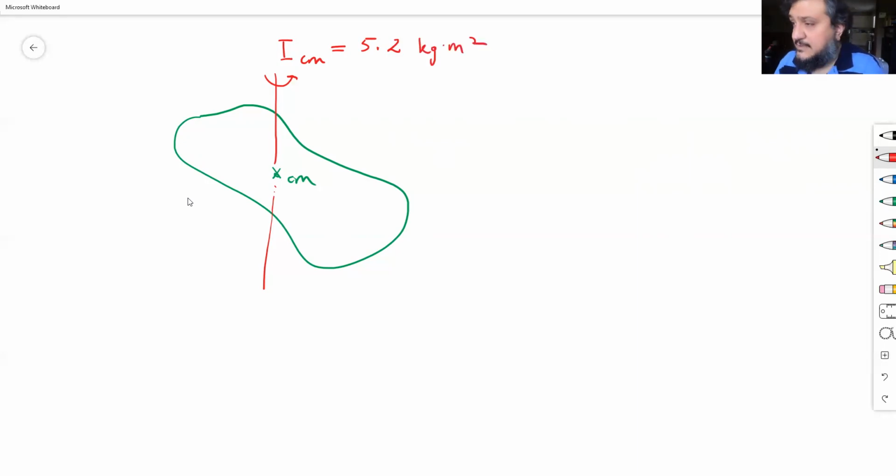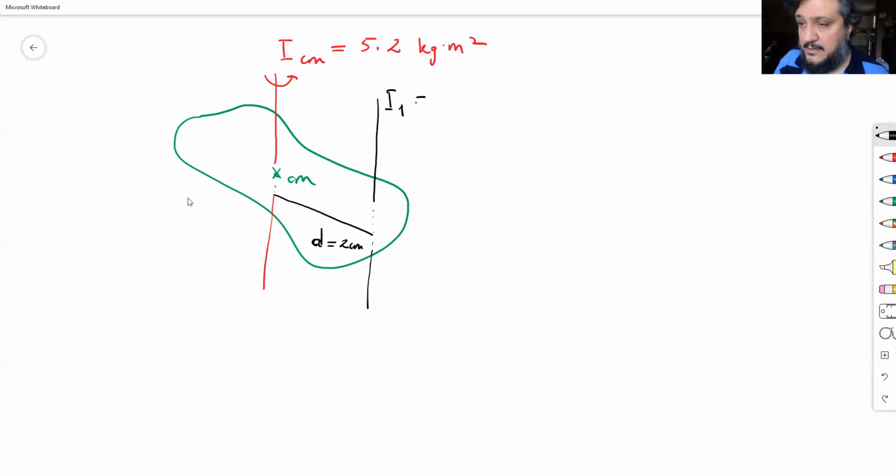You want to find the moment of inertia with respect to this axis that goes through a different point here. And all you know is the distance between the two. Call it D. D is given. D is 2 centimeters, let's say. And this is 0.1. So what is I1?